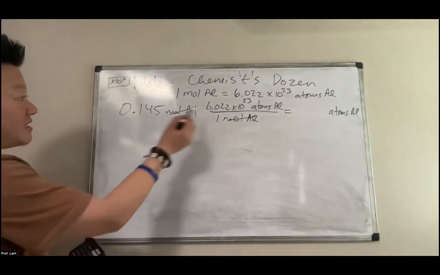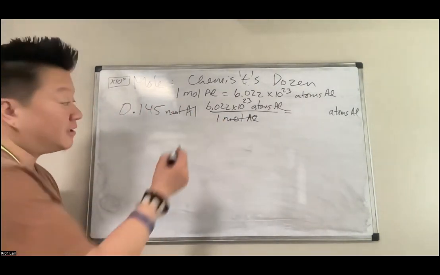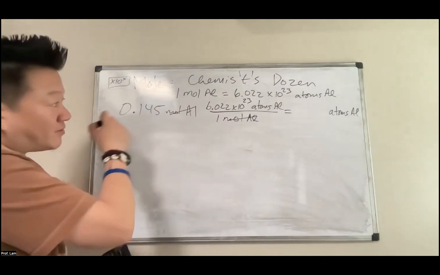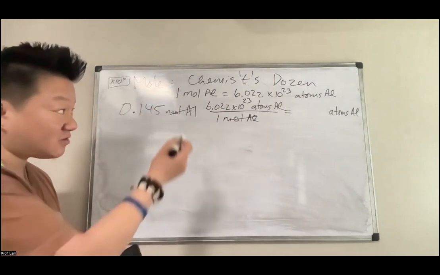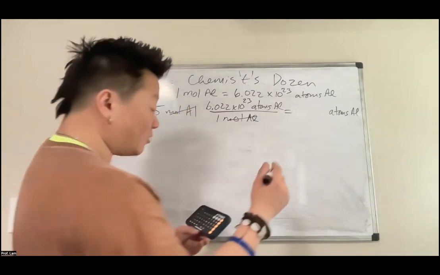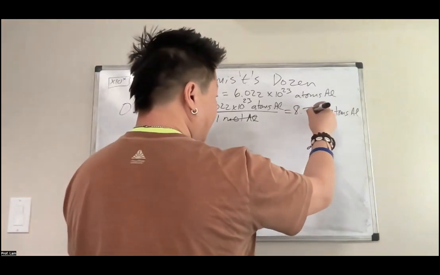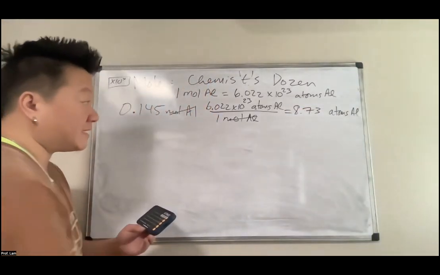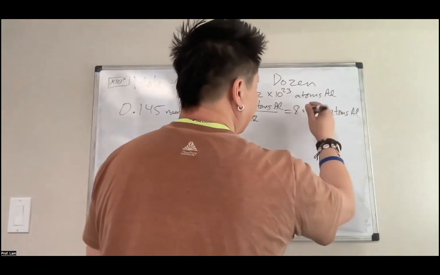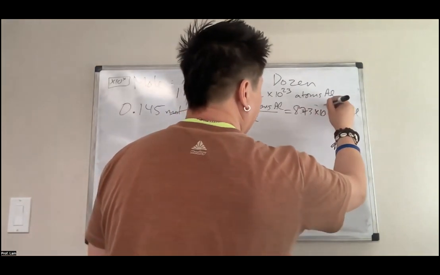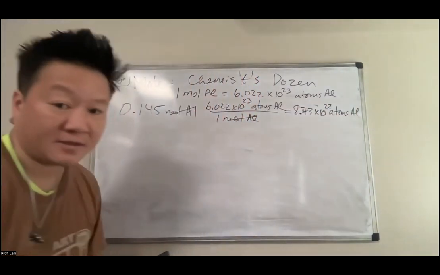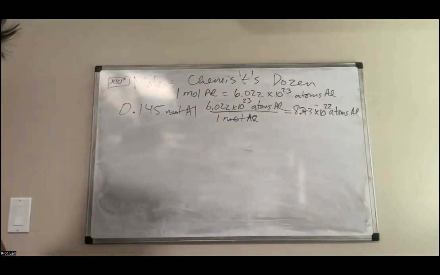How many sig figs do you think should be the answer? This is 4 and this is 3, so we'll go by the least number of sig figs when multiplying and dividing. So we need 3 sig figs: 8.73 times 10 to the 22nd atoms of aluminum.